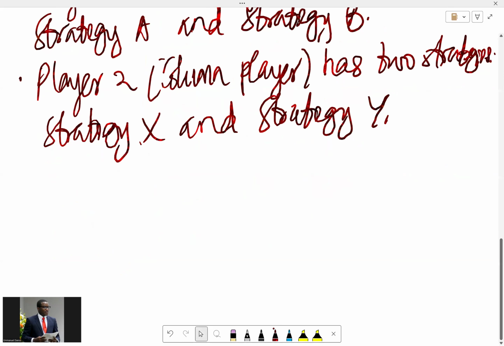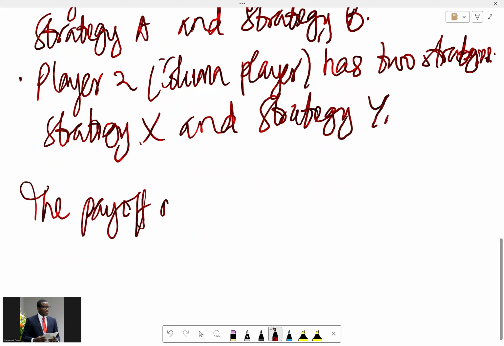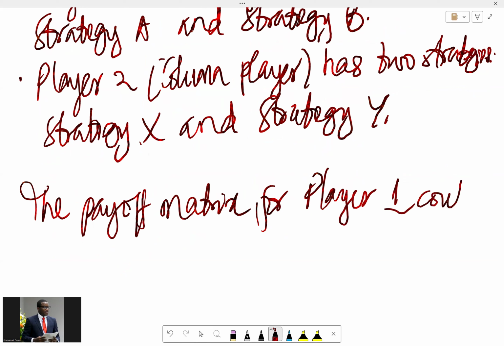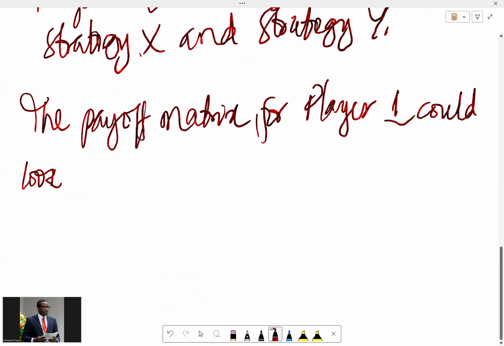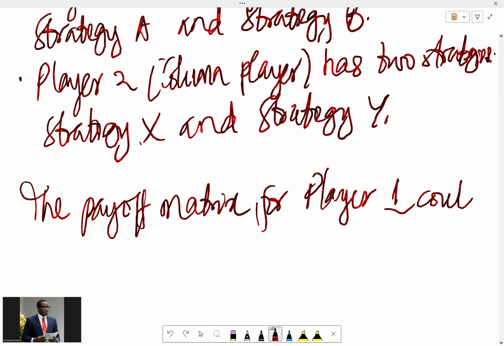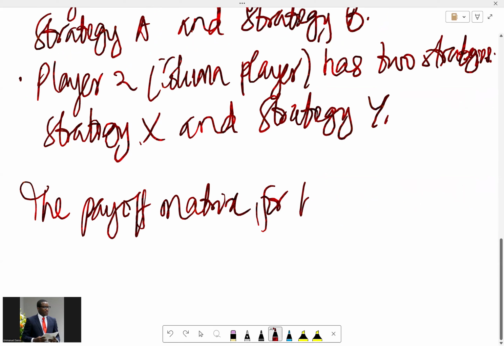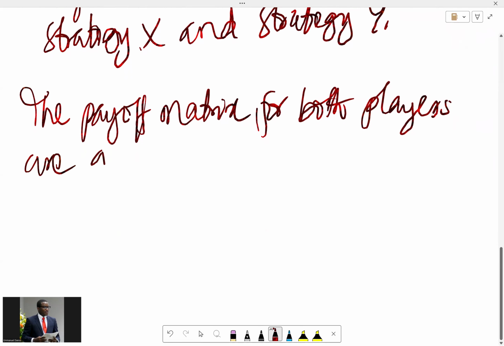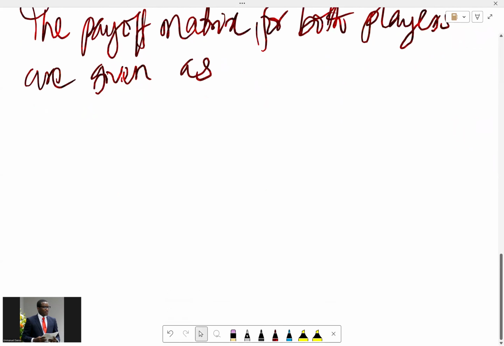Okay, so the payoff matrix for both players is given as follows.